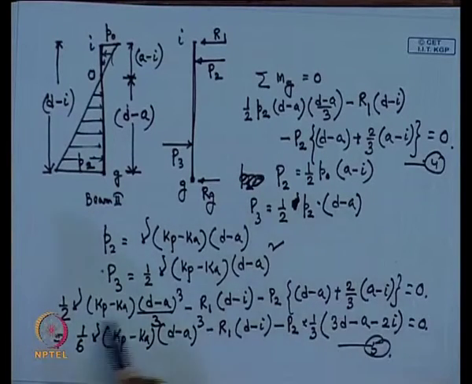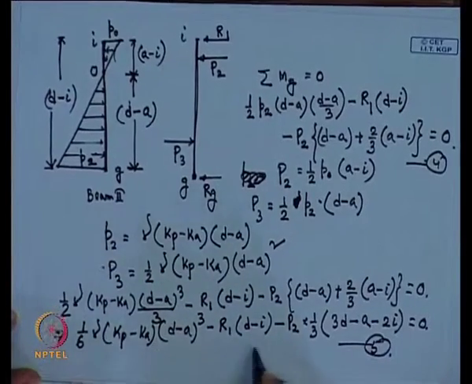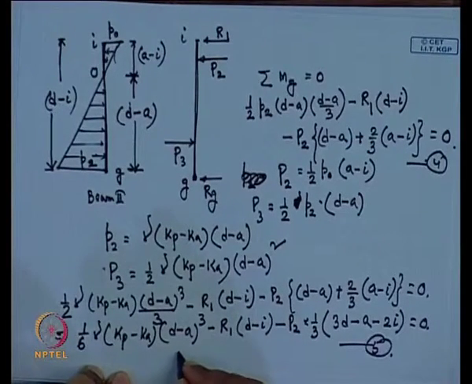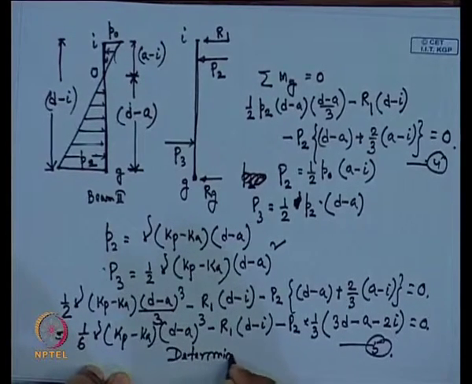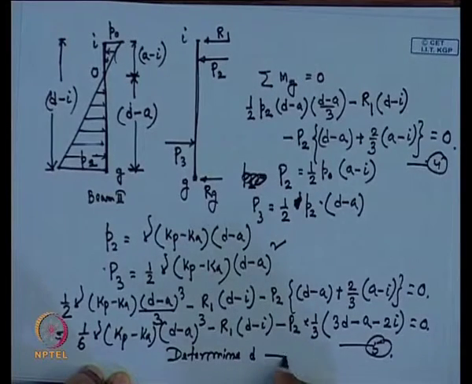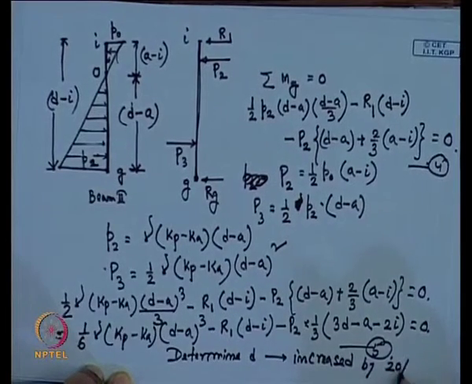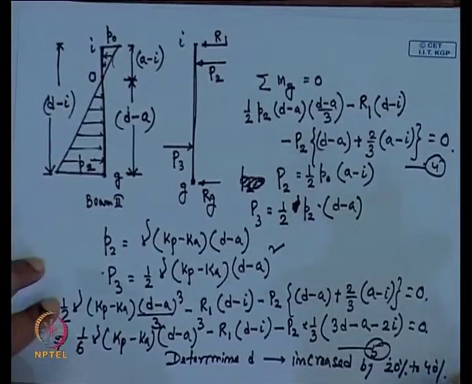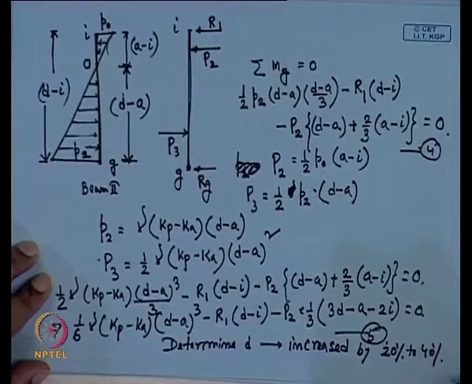So, all the parameters are known except this D. So, by using expression 5 we determine the D value, then increase it by 20 to 40%. So, we will increase this D value by 20 to 40%.